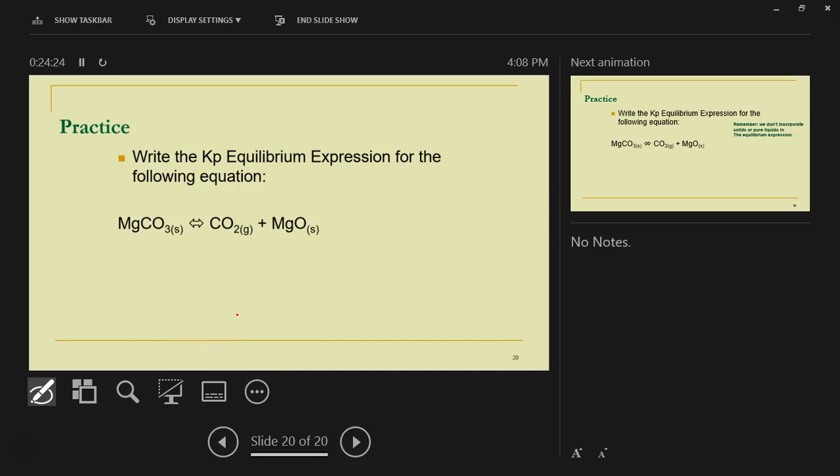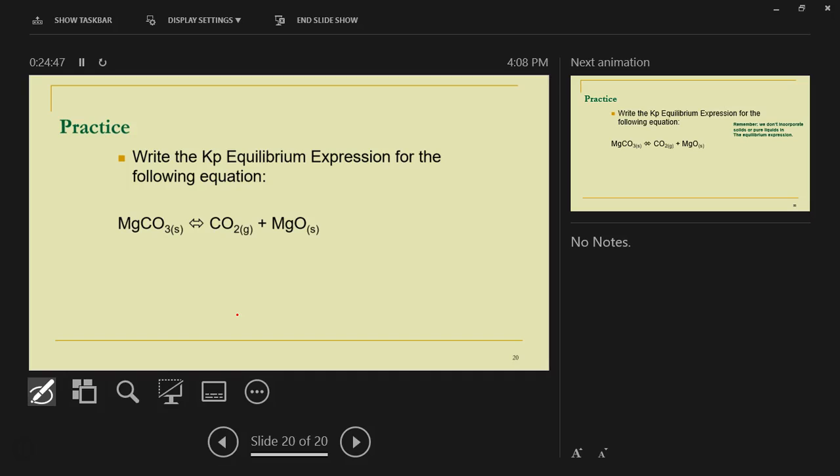Write the Kp expression for the following reaction. Pause the video and write your equation. First thing you had to check was to see if your equation was balanced. 1 Mg, 1 Mg, 1 C, 1 C, 3 O's, 3 O's.